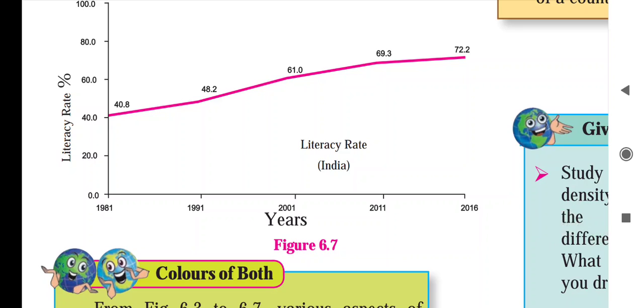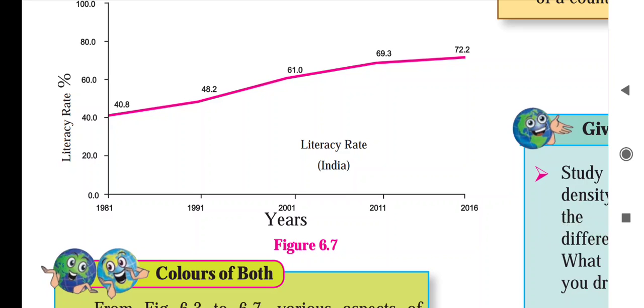But if we compare the literacy rate of Brazil and India, then we will say Brazil's literacy rate is more than India. Our government is trying a lot to increase the literacy rate. Government is applying many schemes to increase the literacy rate.